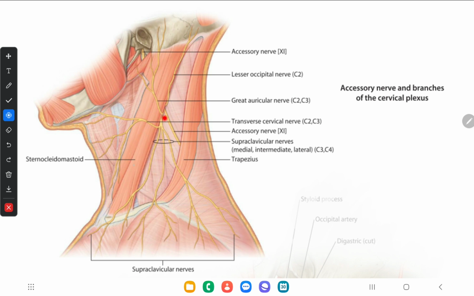Here is the nerve point, the junction between the upper and middle third of the posterior margin of the sternocleidomastoid muscle. So the spinal accessory nerve and the branches of the cervical plexus emerge from that point.